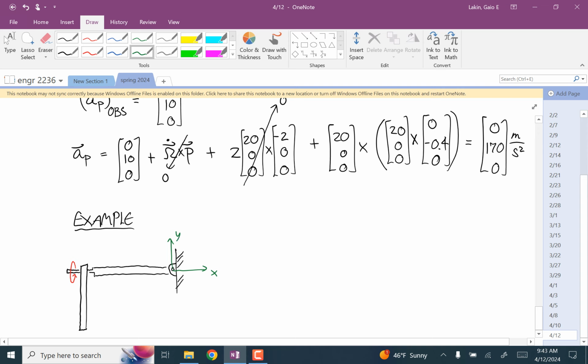So that red rotation is in the positive x direction, and that has a magnitude of 10 radians per second. And this body is rotating this way at 5 radians per second. And we'll assume those are both constant angular velocities. And then this distance is 0.2 meters, and this distance is 0.2 meters.